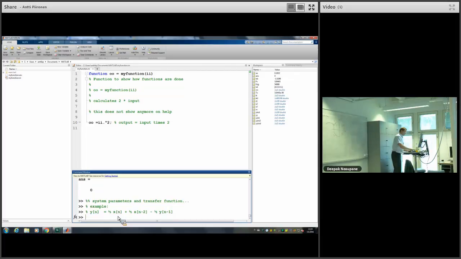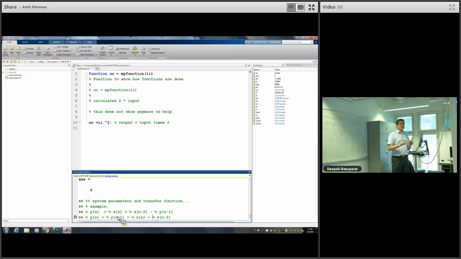So the general form of the difference equation would be simply something like that. Oops, y. Okay, move everything which has y to the left-hand side, so it also changes the sign. Then on the right-hand side we have x of n, and we also have half of x of n minus 2, but where's the x of n minus 1?